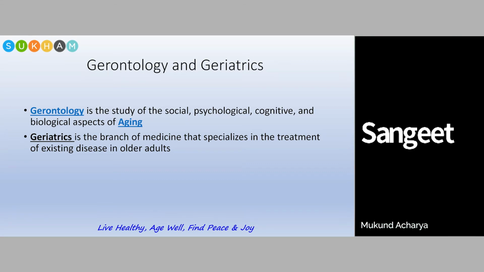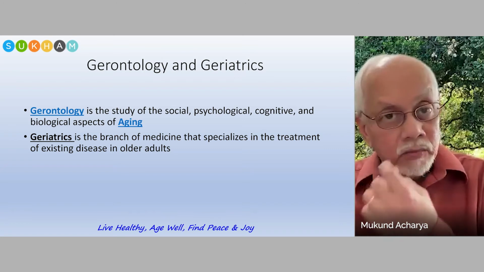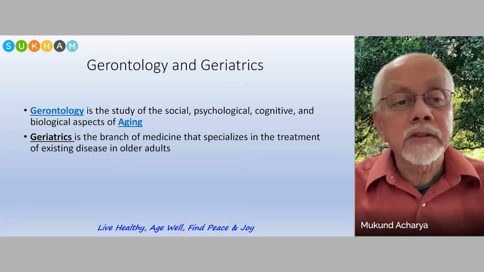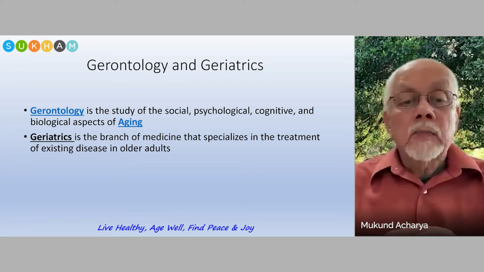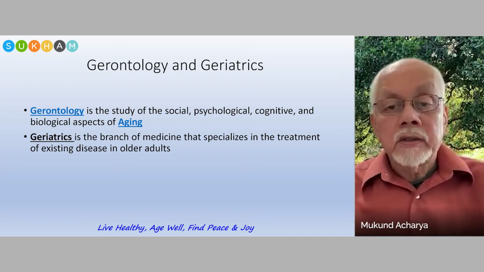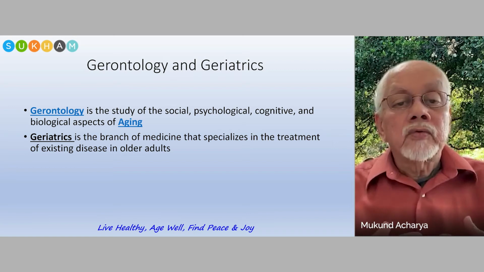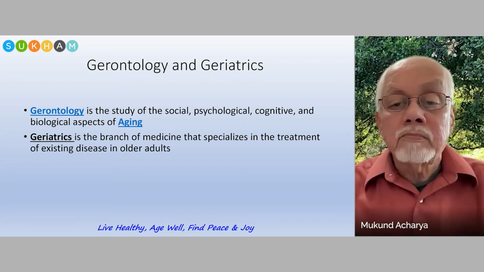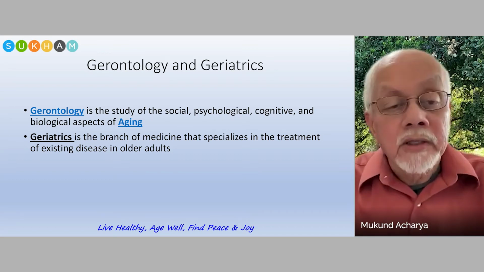Sorry. I'm going to define three terms: gerontology and geriatrics, and one more term, and then put that in context. So when we talk about aging and elder care, there's a science that studies the social impact, the psychological impact, cognition, as well as the biology.